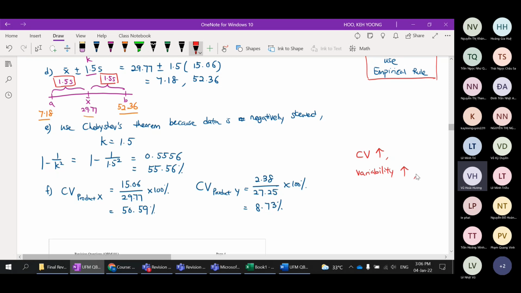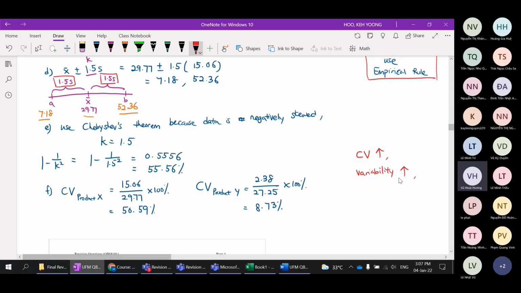What is this variability? That means your data is spread very wide. The range, the minimum and maximum values, is very different. On average the data is spread very wide away from the mean.